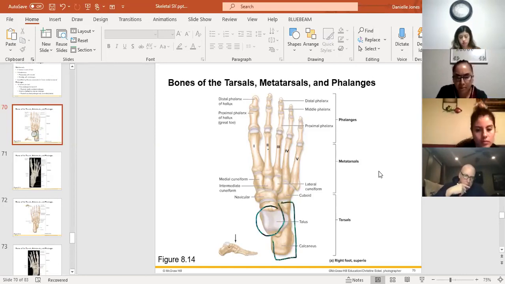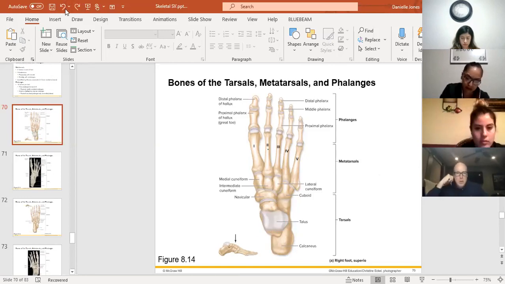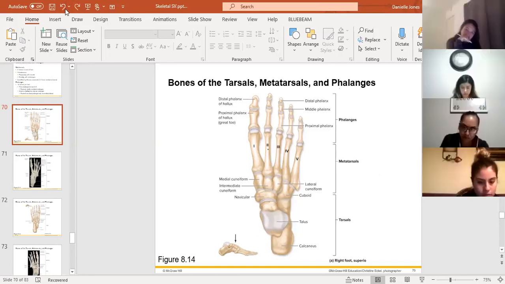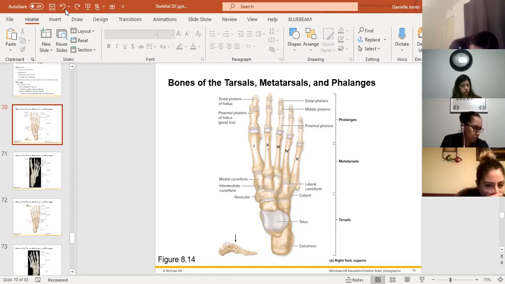This one up here has a really smooth surface. We've already talked about how it has that whitish color, and that whitish color we discovered today was articular cartilage. So that means something has to articulate there. That means another bone has to be there. Sure enough, the tibia goes there.